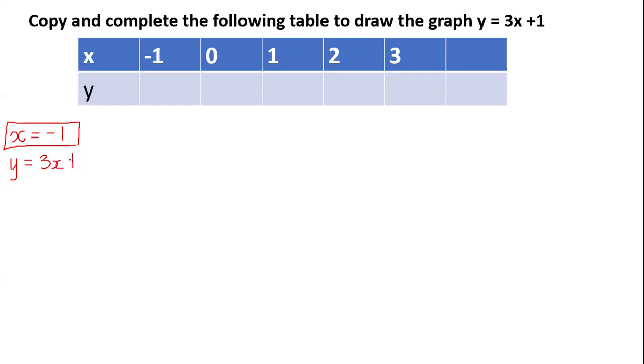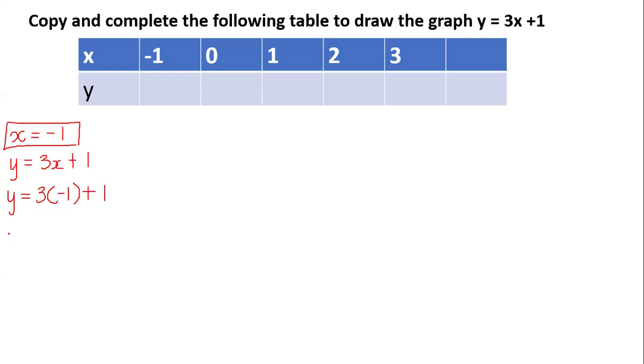Negative 1. So we're gonna substitute, right? So it's gonna be y is equal to 3, open bracket, negative 1, close bracket, plus 1.